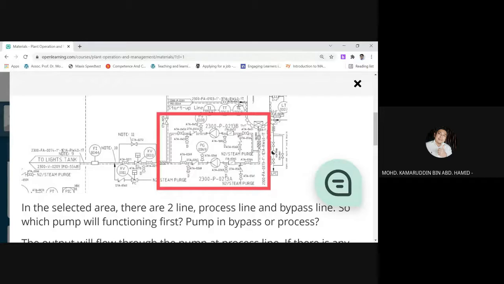The process is operated at about 50% efficiency, whereas the backup pump operate at 75% efficiency. Okay, backup ataupun bypass, backup lah, ini bukan bypass. Backup kita ada 75% efficiency, adiabatic efficiency, whereas the operating one is about 50% efficiency.